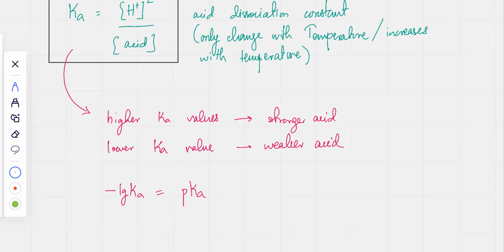So if you have a stronger acid, you've got higher K values, and the pK value is going to be lower. Just like if you have a lower pH, you have more H+, similarly if you have a lower pK, that means there's more Ka. So a lower Ka value means a higher pK value.